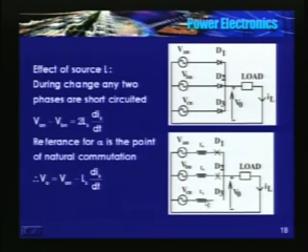There is a short here. D3 is still open. So what is the KVL for this loop? VAN minus VBN is 2 Ls di/dt, where i is the current that is flowing here. Current increases, this current decreases.